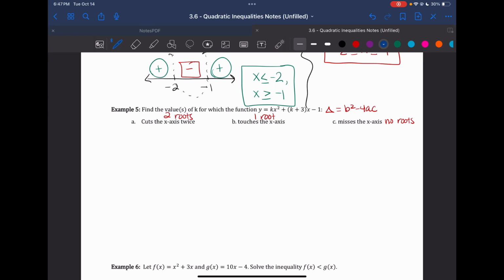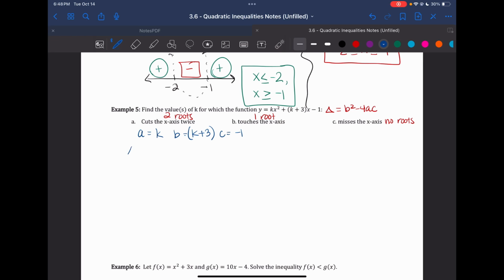So let's go ahead and start with the discriminant. Now in this case, a is equal to k, b is equal to k plus 3, and c is equal to -1. Even though there's variables, I'm going to need to use them to try to figure out this problem.